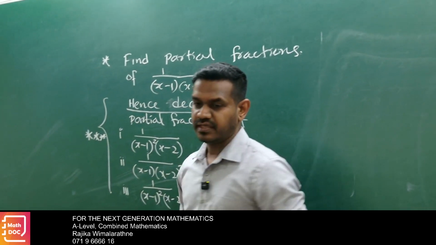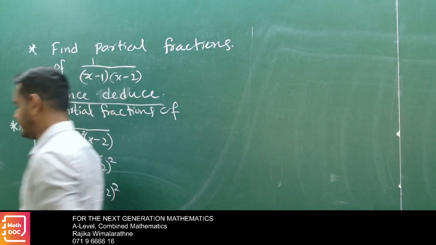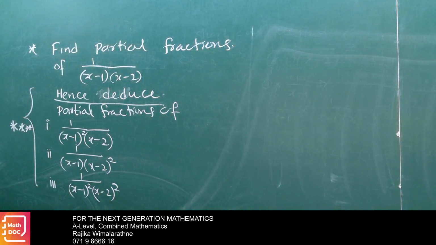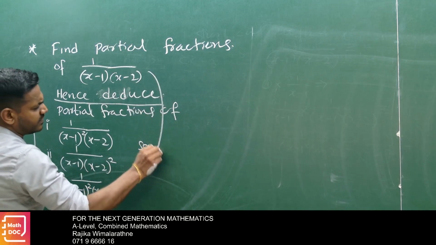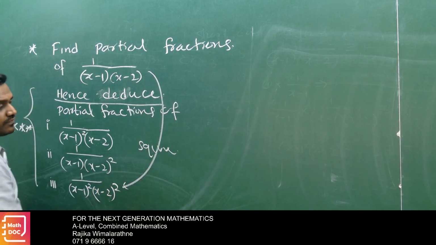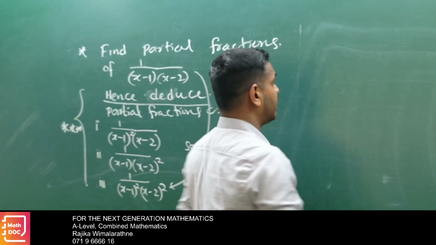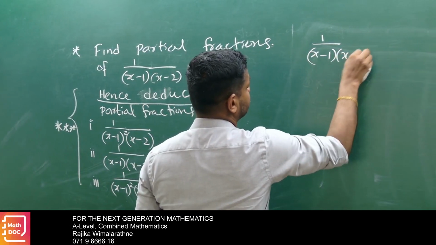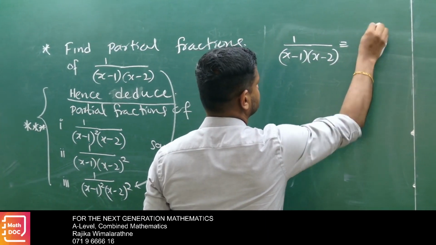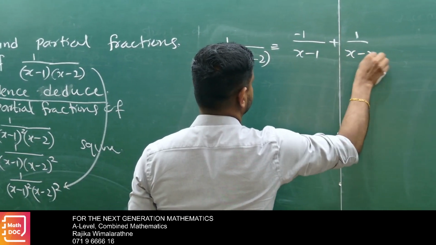Okay. Then third case, let's see. Third case, we have to square this. We have to square this now. Then first one, 1 over x minus 1, x minus 2, we know partial fractions: minus 1 over x minus 1 plus 1 over x minus 2.